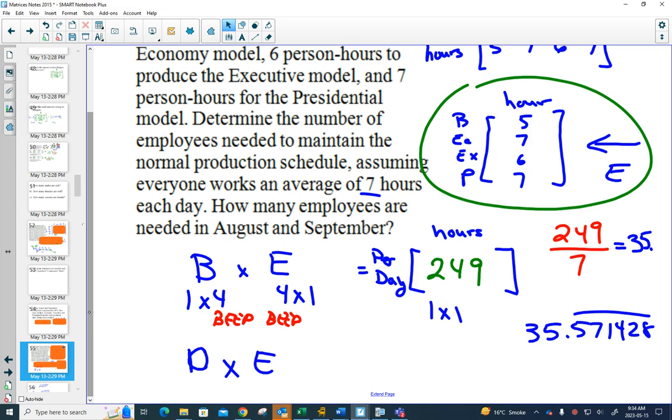That will give you a matrix of how many hours per day.